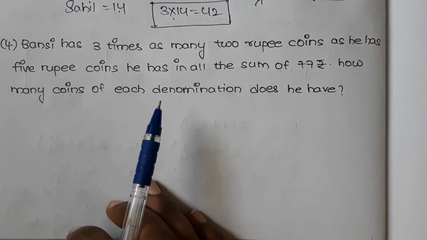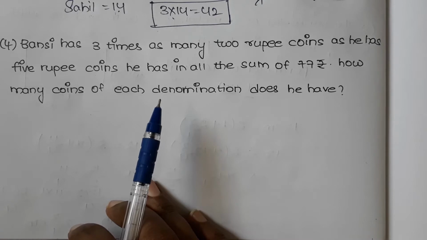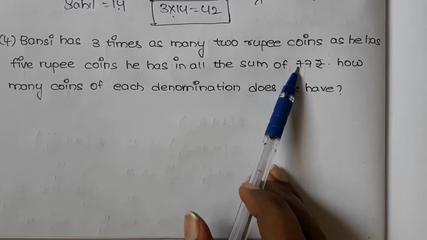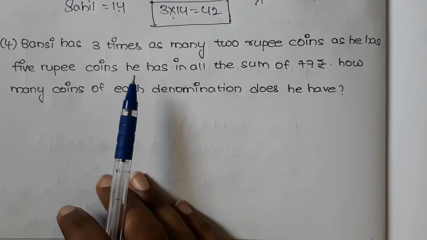According to the question, Bansi has both 2 rupee and 5 rupee coins, and the sum of both the coins is 77 rupees, and we have to find how many 2 rupee coins are there and how many 5 rupee coins are there.